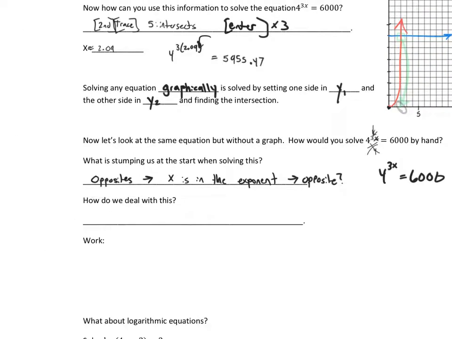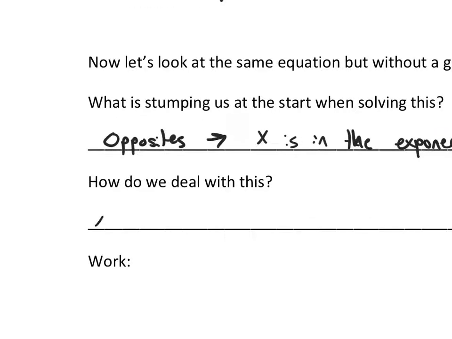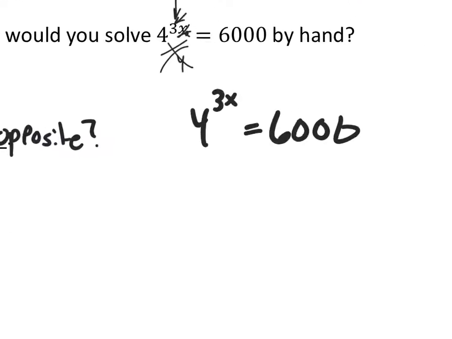What we're going to have to do is one of our old tricks. If x is in the exponent, we're going to need to bring in drop, log, and roll from the other day, which is where the 4 drops down as the base, and the 3x and the 6,000 swap places.